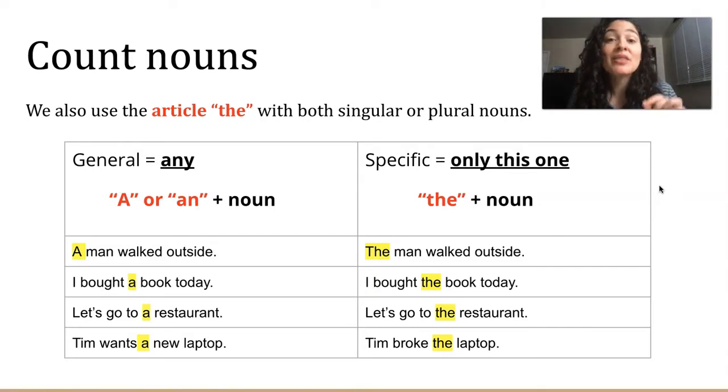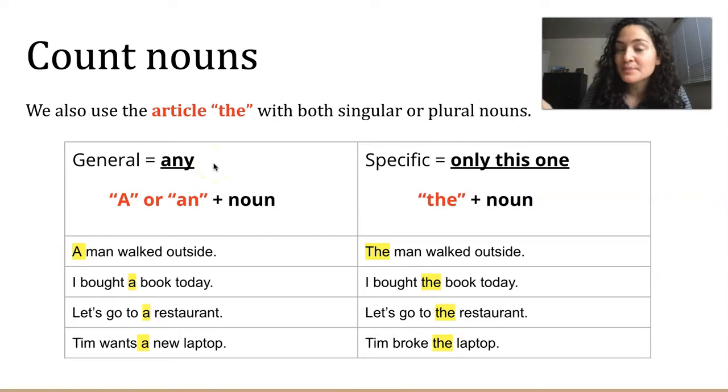Sometimes we use the to show also one noun. This is for articles, a, an, or the. What is the difference? The difference is a or an is for any noun. This one or this one or this one, any noun.